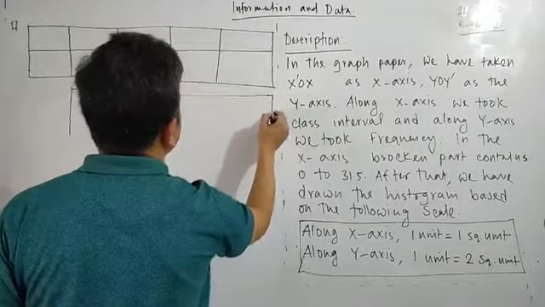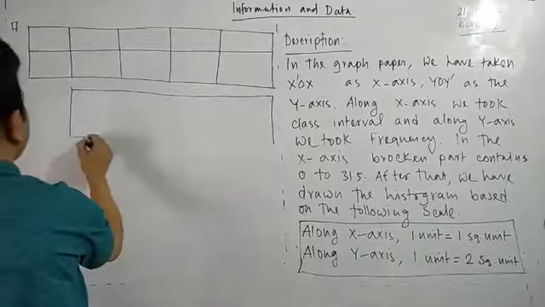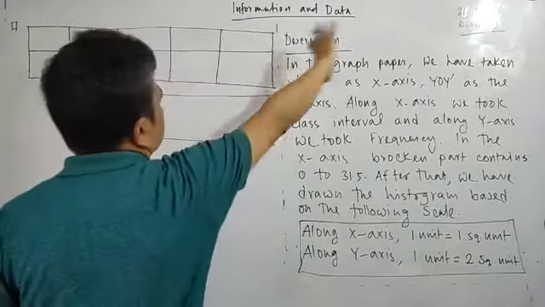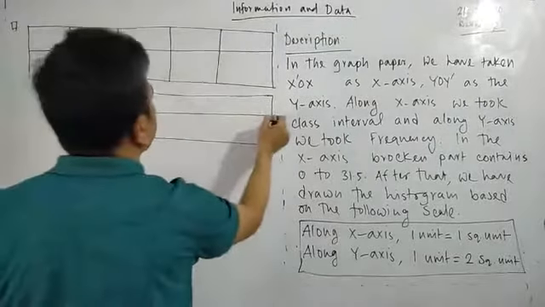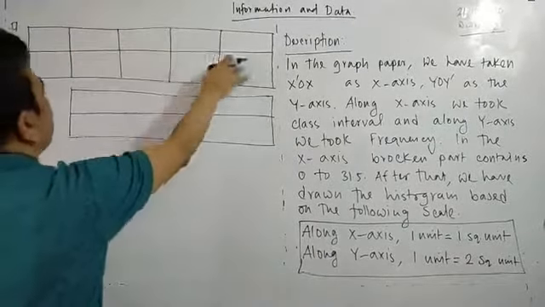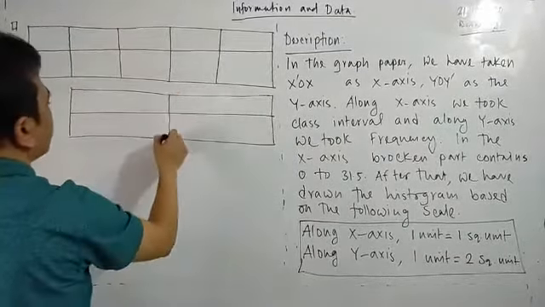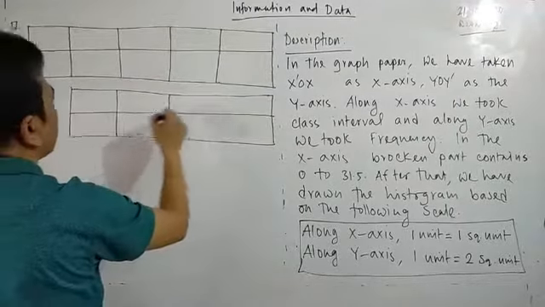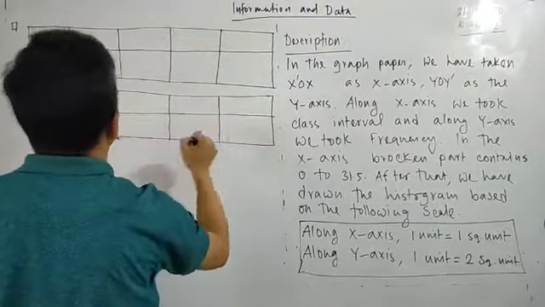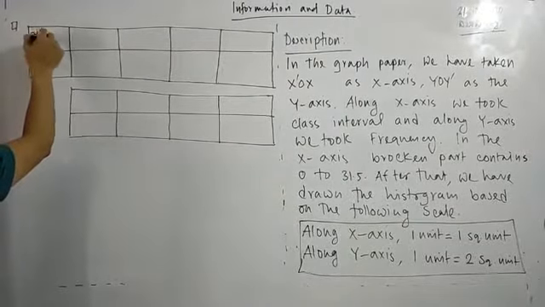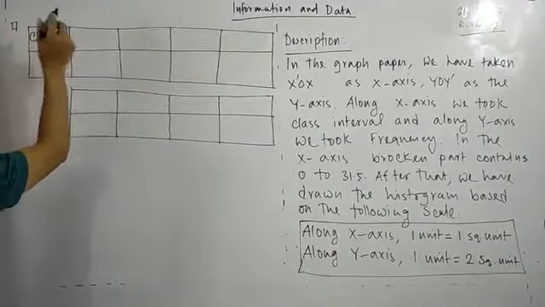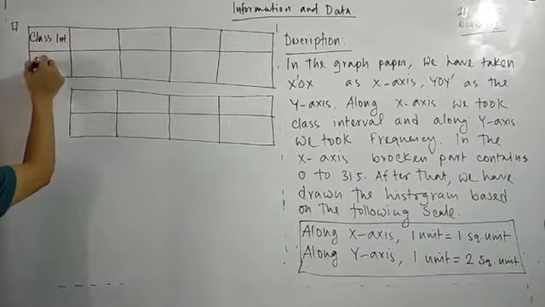We have no enough space, that is why I'm writing here. It is just on the side. In the exam you will get 8 classes, 1, 2, 3, 4, all together 8 classes. Here is class interval. Here is frequency.